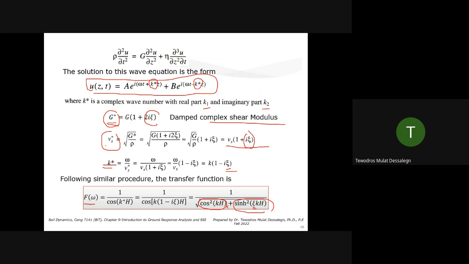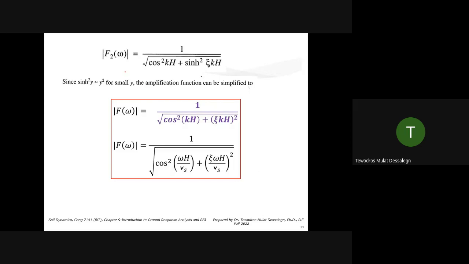But now the transfer function has a damping term. Same transfer function, the amplitude, you can get this. And you can see relations: sin squared y for a small number y gives you y squared. If you use that relation, this is just math, you can simplify this expression into just psi kh squared. So you'll have the transfer function simplified like this.